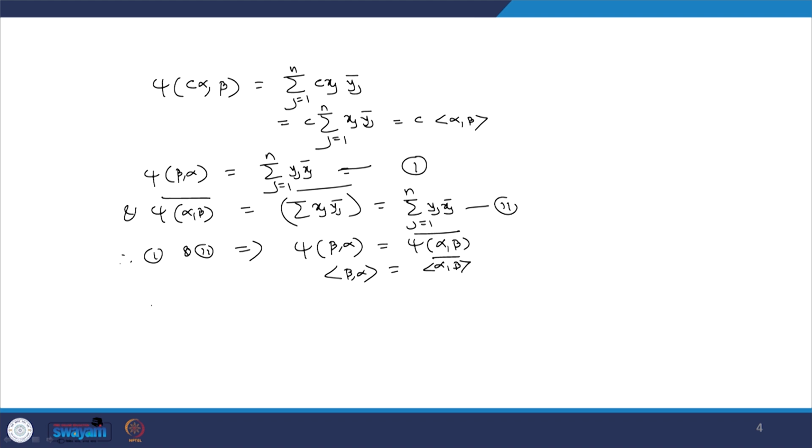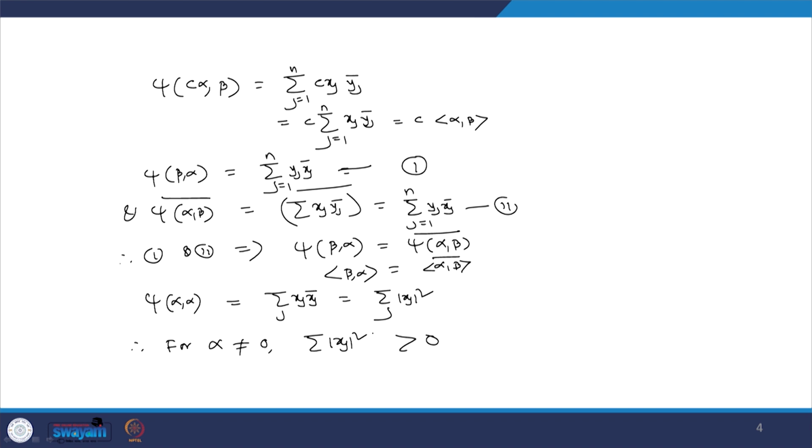And the fourth one, psi of alpha alpha, that is equal to sigma xj and xj bar. So, this is equal to sigma mod of xj whole square over j. So, for alpha not equal to 0, definitely there will be some xj not equal to 0. So, we will have sigma mod of xj whole square strictly greater than 0. So, it introduces an inner product over the space Fn.